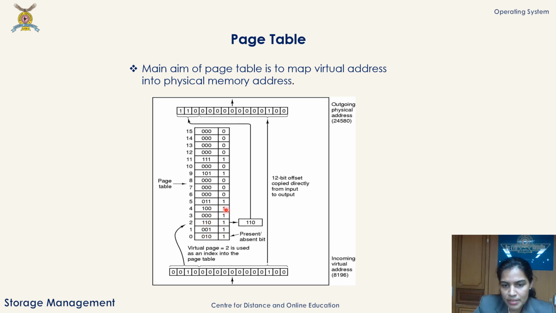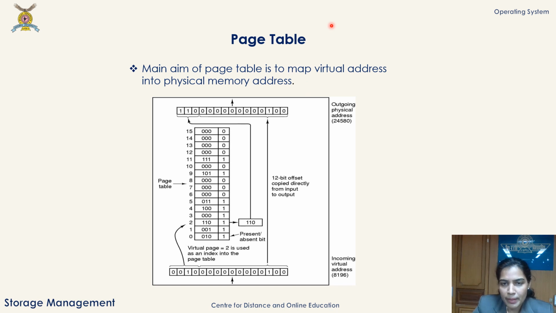The next column is for the present/absent bit. If it is 1, the page is present. If it is 0, the page is not present. So with this entry, we got the physical address 110. It is copied here as the first bits, and the remaining 12 offset bits will be copied as they are here. So finally you get this outgoing physical address.